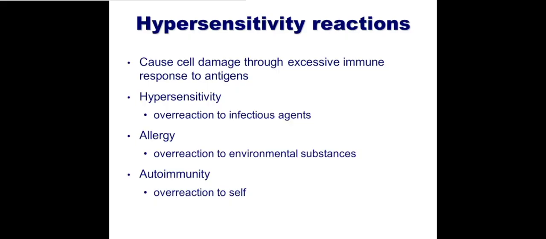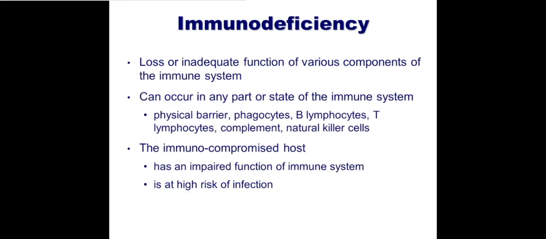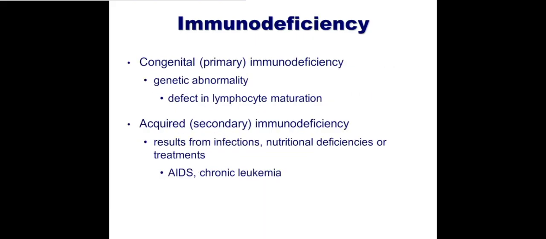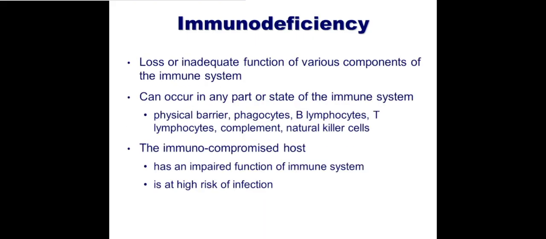Hypersensitivity is overreaction to infectious agents, allergy is overreaction to environmental substances, autoimmunity is overreaction to the body's own cells. And immunodeficiency is where our immune response fails, with loss or inadequate function of various components of the immune system, and it can occur in any part or state of the immune system.